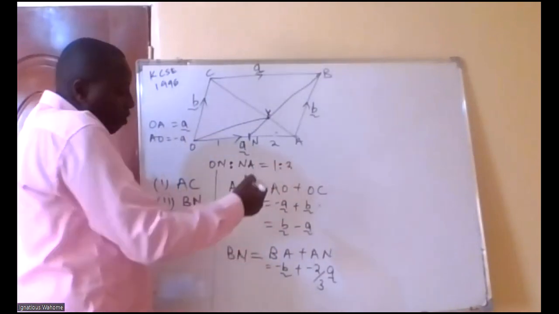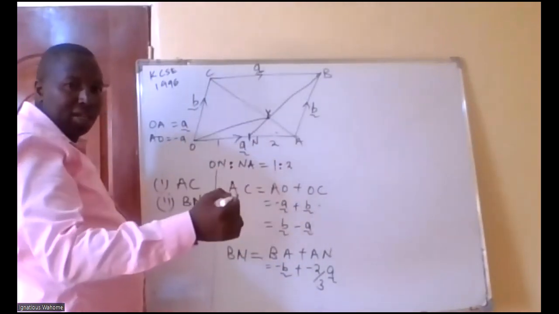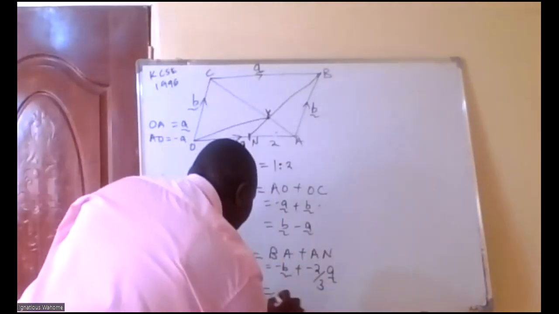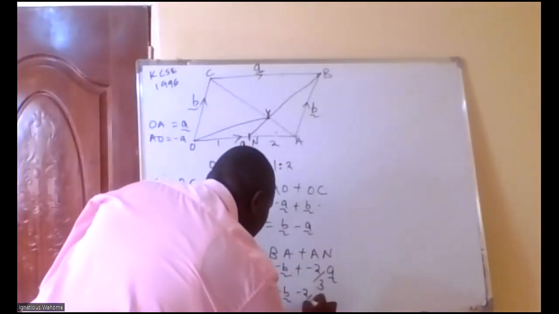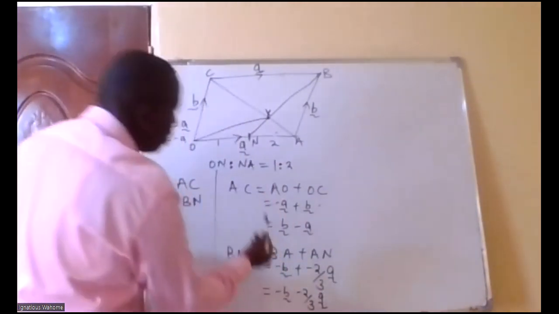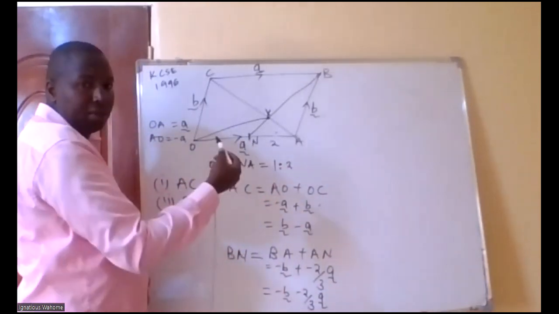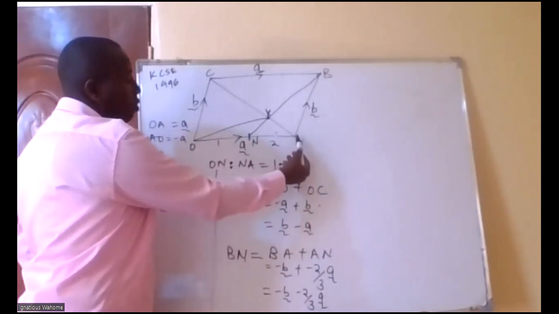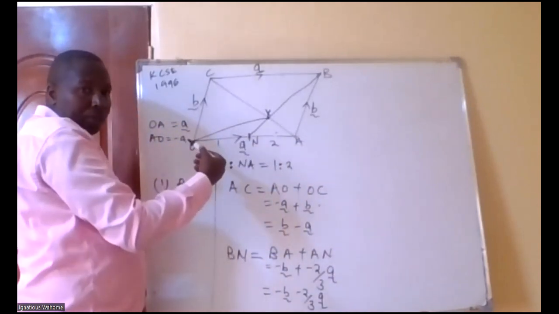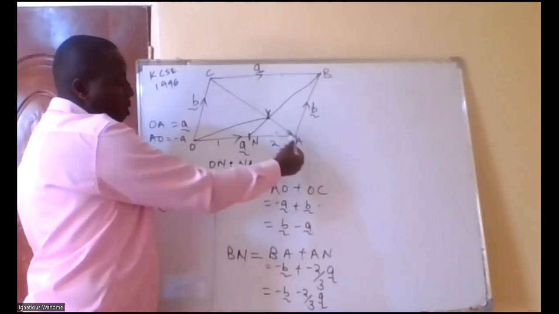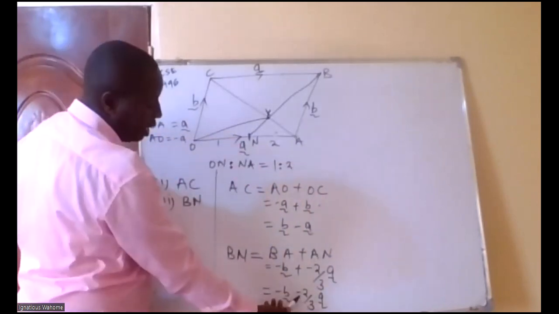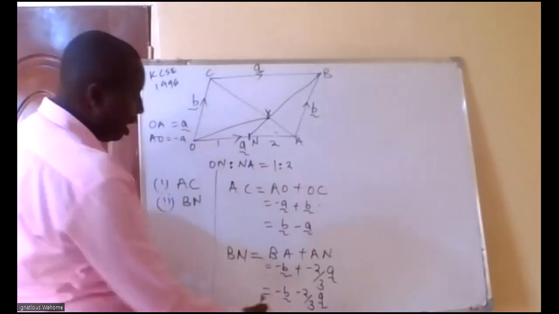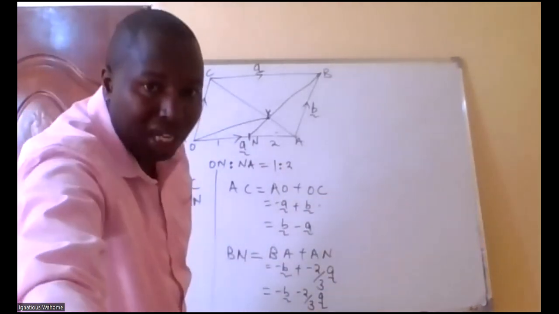Or you take 2 over 3 of minus A. So in this case, you get minus B minus 2 over 3 of A, because the direction has changed from OA to AO. So it is 2 over 3 of minus A. That's why we're getting this as minus. So that is our second value, the second question there.